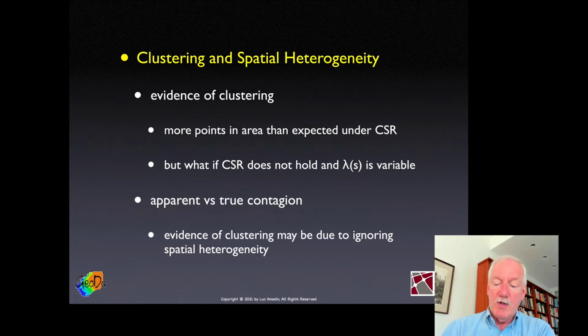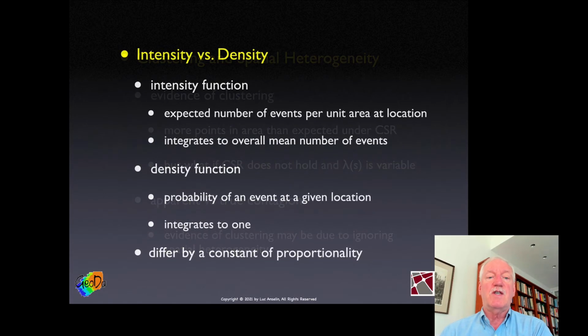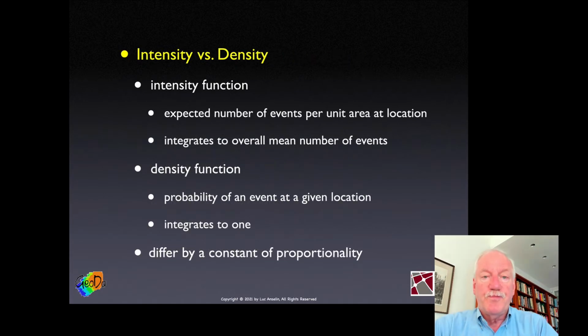So an important aspect of exploring the spatial patterns is to get some kind of measure or visualization of how the intensity might change across locations. And here we make a distinction, but it's actually not a very useful distinction, between an intensity function and a density function.